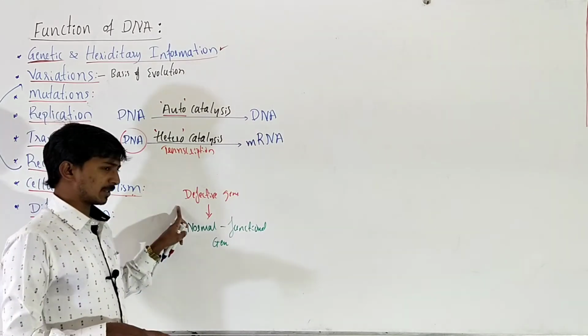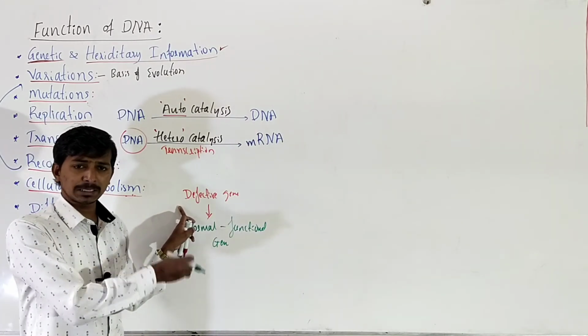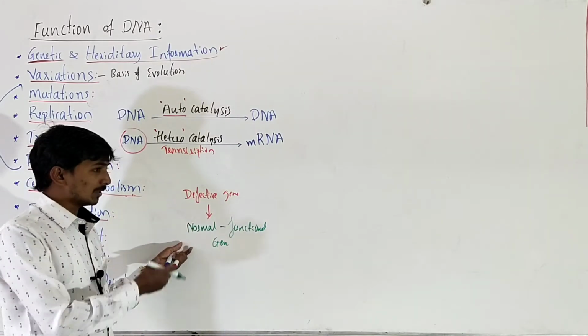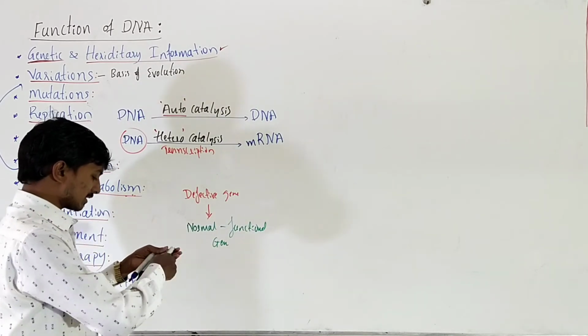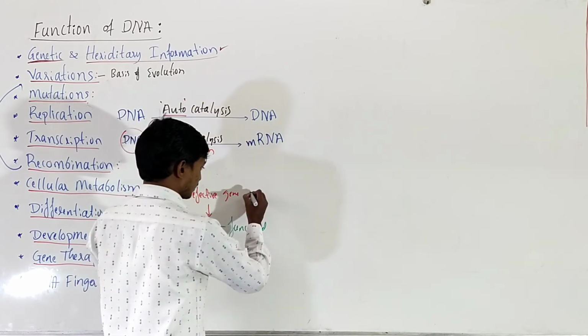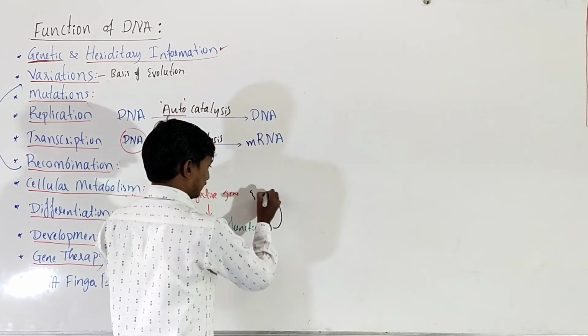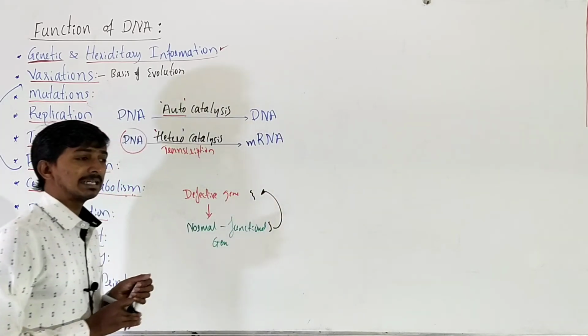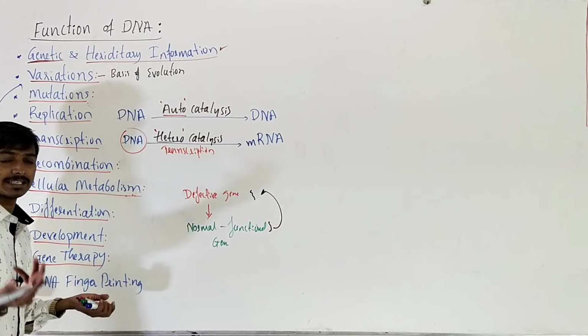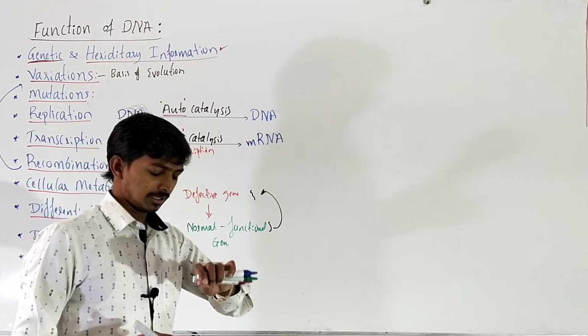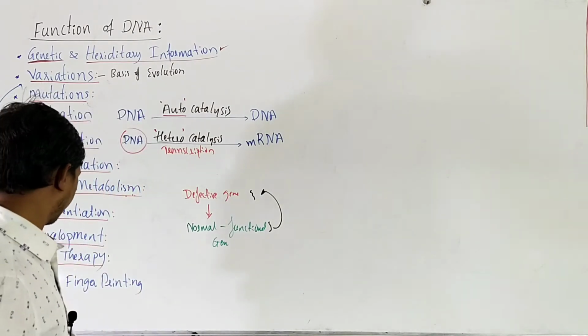One is this gene present in the affected, diseased person. But we have to extract a gene from a healthy normal person, and if we replace that gene, from healthy to defective, the person can be cured. A particular disease can be cured.